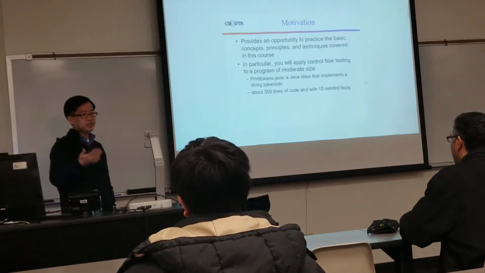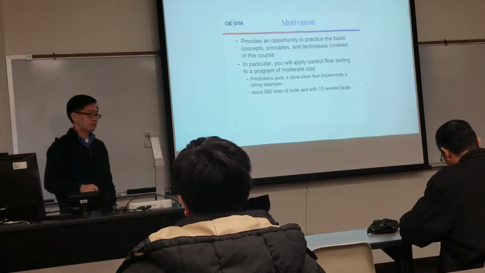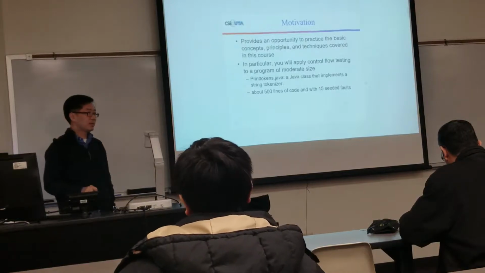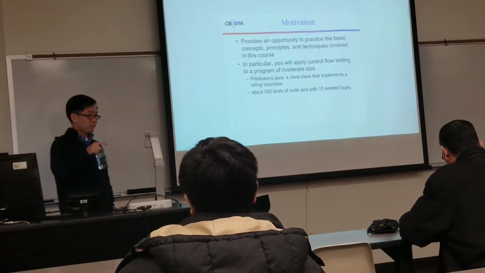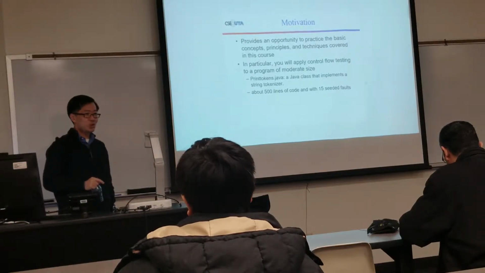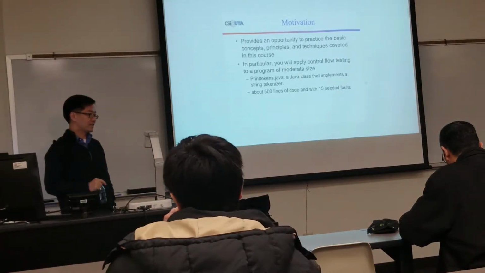So a token is basically the smallest entity that is meaningful to the compiler. When it tries to parse your program, it considers your program, for example, as a string of tokens.